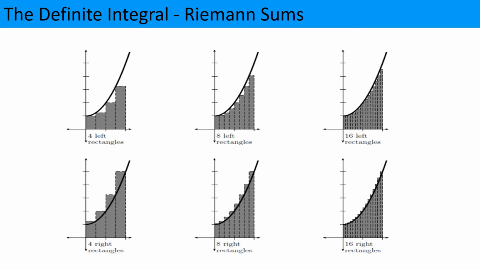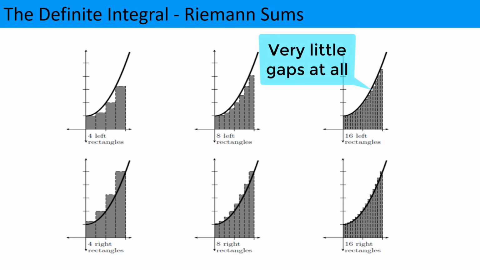Here, when we had 4 left rectangles, there were some clearly visible gaps between where the rectangles and the graph were. When we increase the number of rectangles to 8, notice that the gaps get smaller, and just for fun, if we increased it to 16 left rectangles, there's barely any gaps at all.